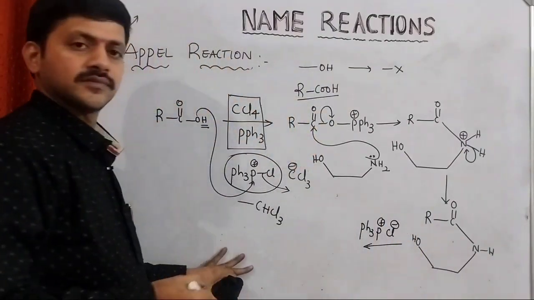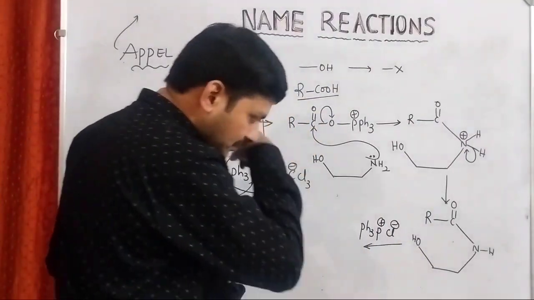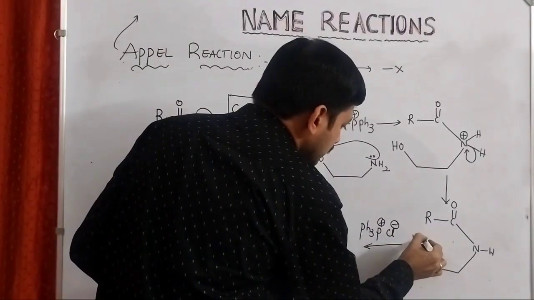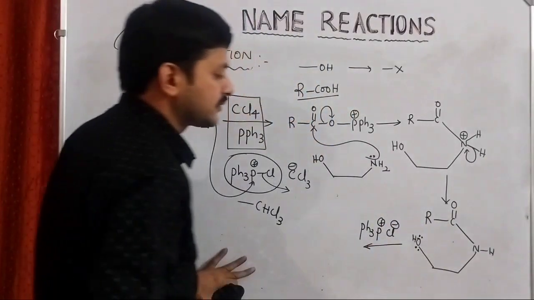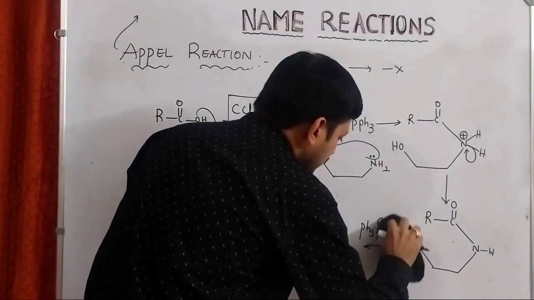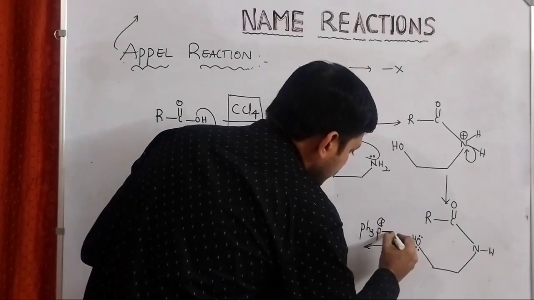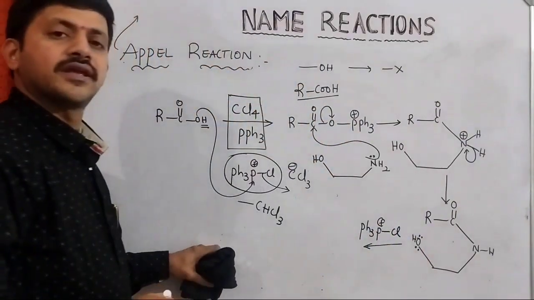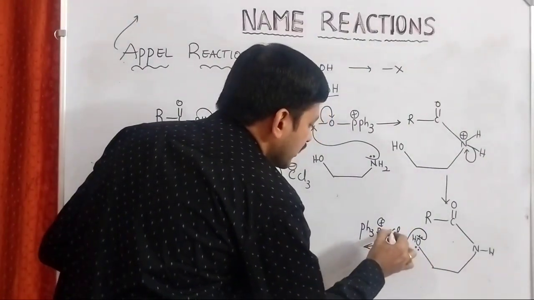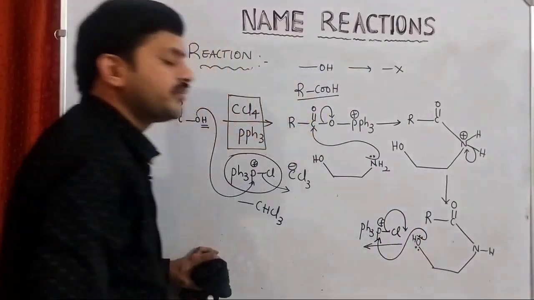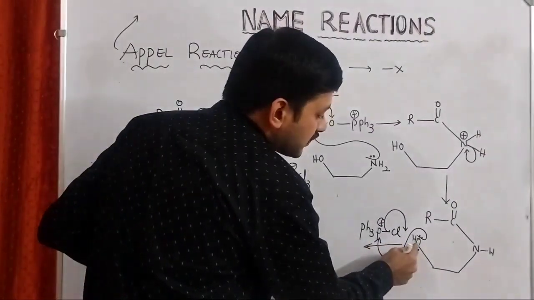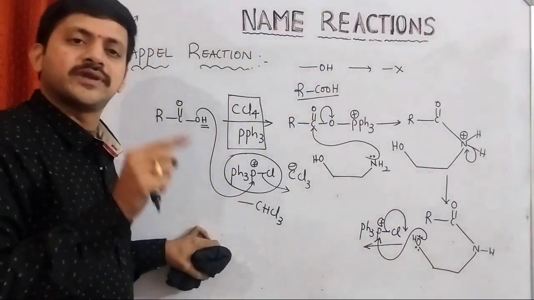For convenience purposes we can write this one in this way. Again, oxygen donated its lone pair of electrons to this one. The Cl will be removed in the form of Cl-. Thereby what happens, here we will observe OH+.